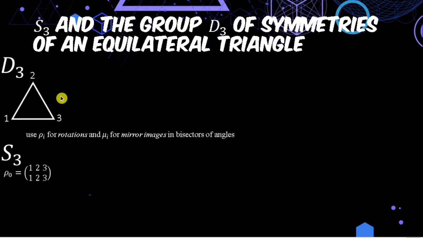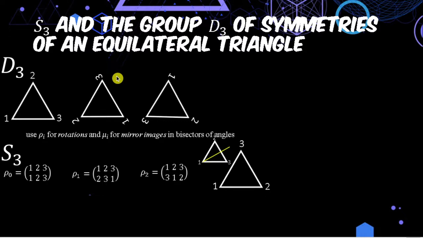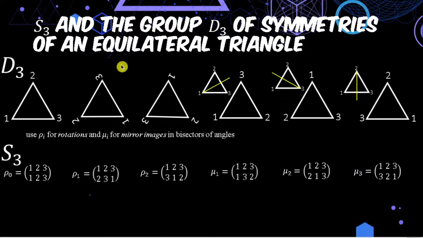So if n is 3, that means there are 3 rotations and then there are 3 reflections. We saw those 3 rotations, and these are the 3 reflections because we are working on D sub 3. And coincidentally, it corresponds one by one to the elements of S3, the symmetric group.